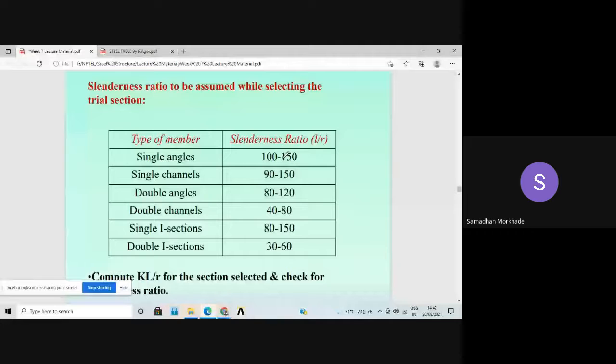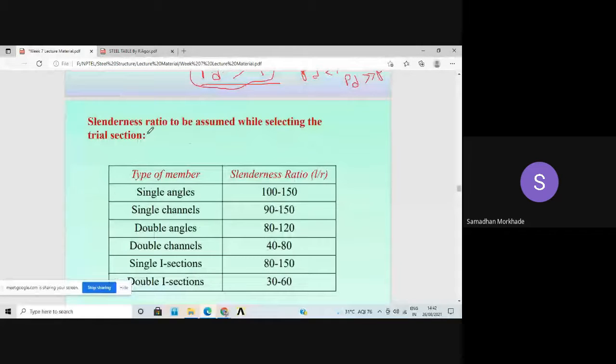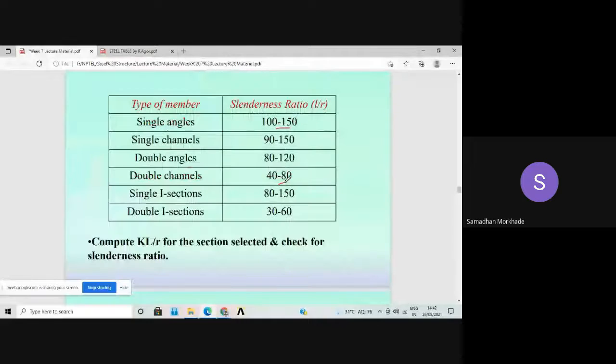Some authors assume the slenderness ratio depending upon the type of member: single angles lambda 100 to 150, single channel 90 to 150, double angle 80 to 120, double channels 40 to 80, and double I sections 30 to 60. Normally for built up sections it is assumed as 50.